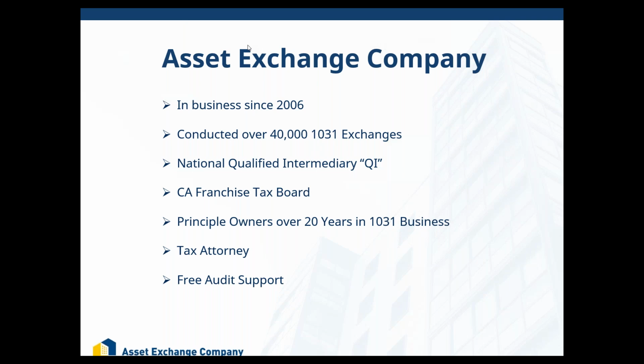In the business, we're known as a qualified intermediary, QI for short. Other terms you hear people use are accommodator, facilitator, or simply intermediary, but most often people just refer to us as QIs.